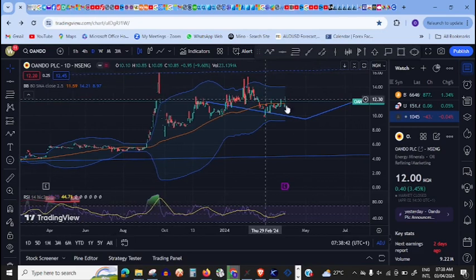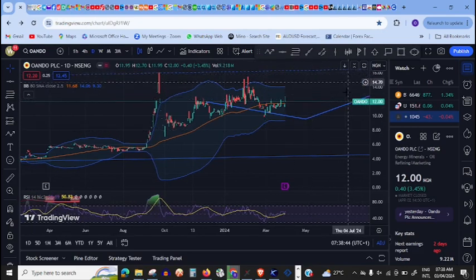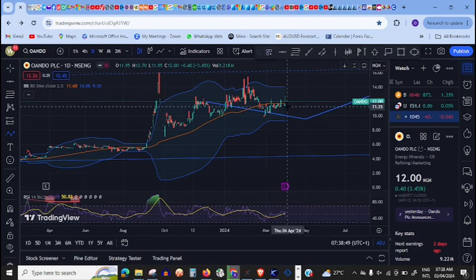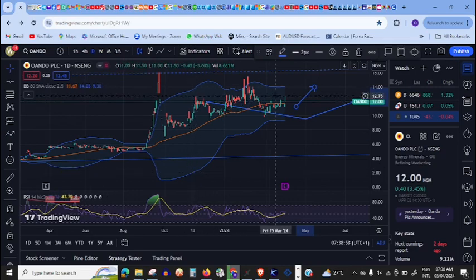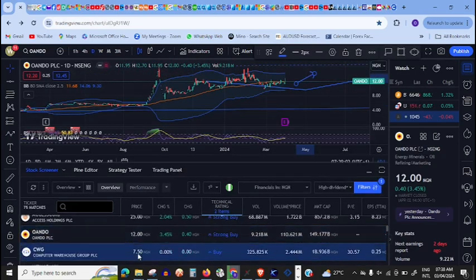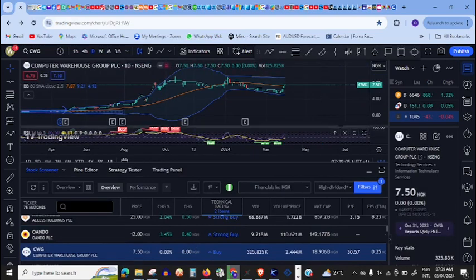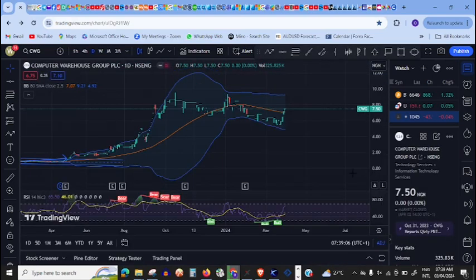For Wapco, if you can get it around 11 naira 25 kobo, take it to 13 naira 90 kobo, because the Bollinger Band already is closing up. Computer Warehouse Group. For Computer Warehouse Group, you can see that there's a bullish divergence here.